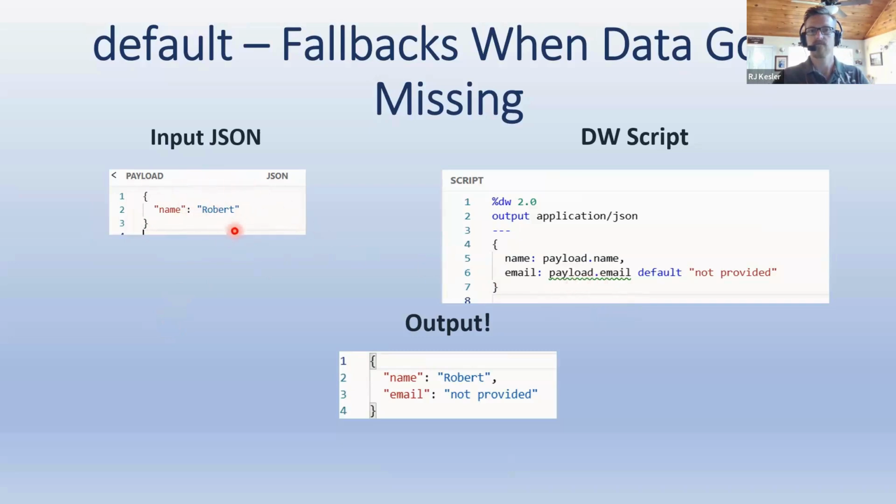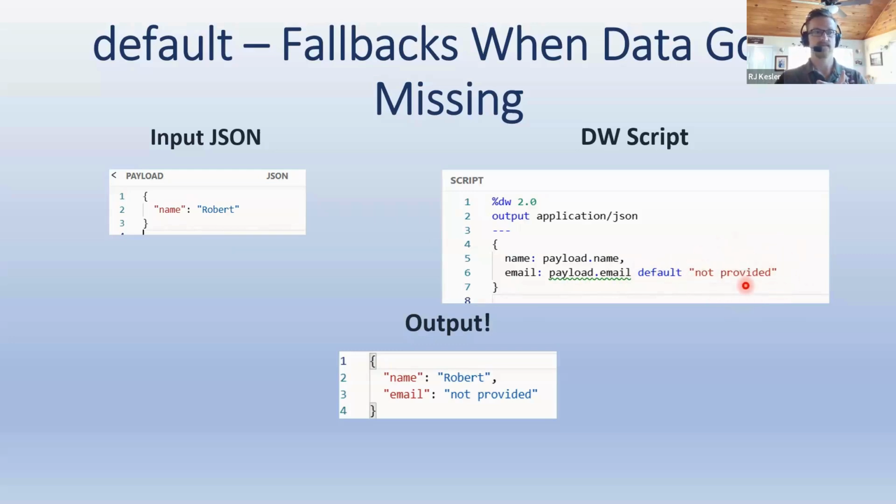This website or whatever we were working with only required a name. It didn't require an email. So when we came over here and this person didn't have an email, we used the default function, and then we gave an example of what we would like for it to say when there isn't any information there.